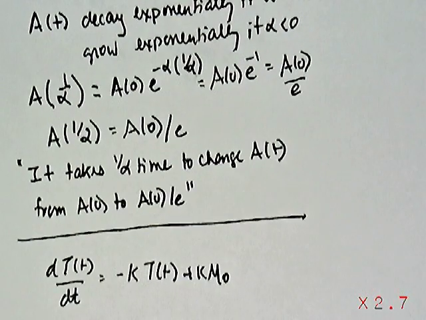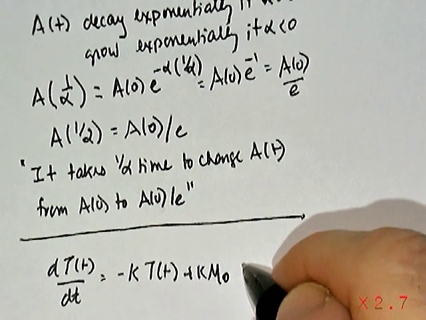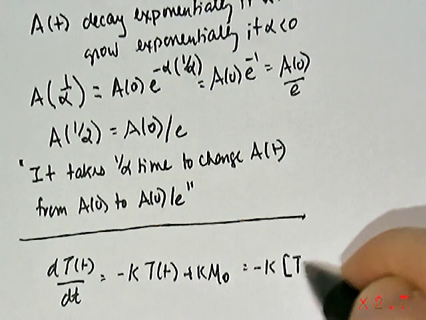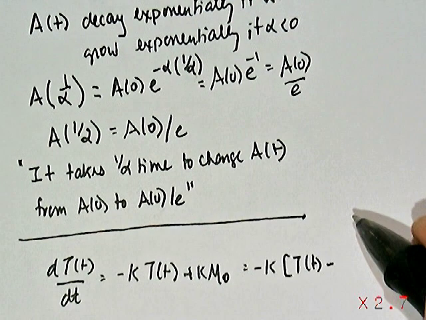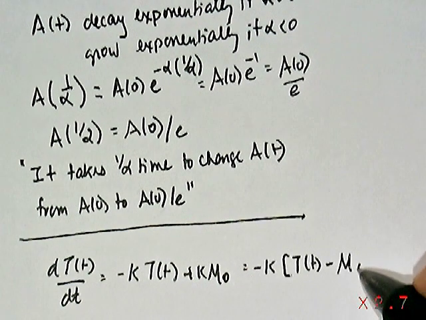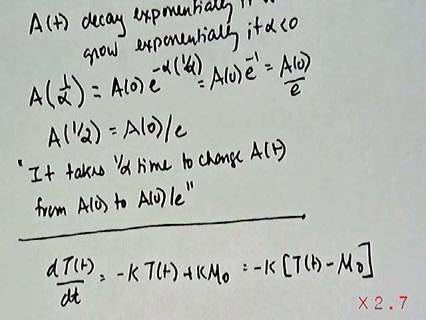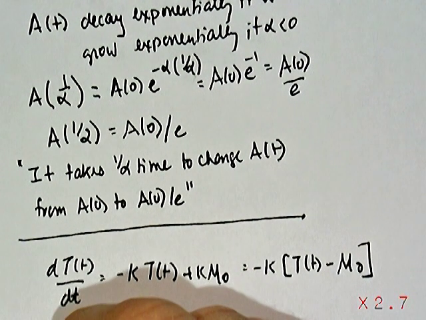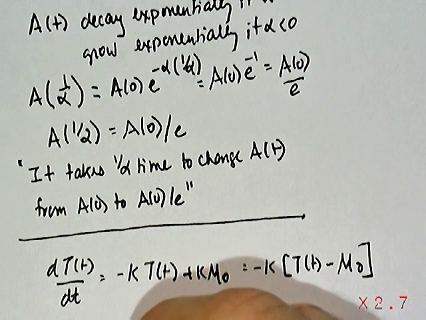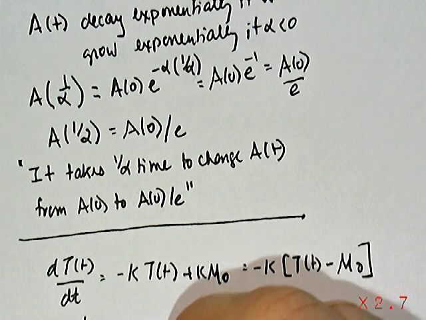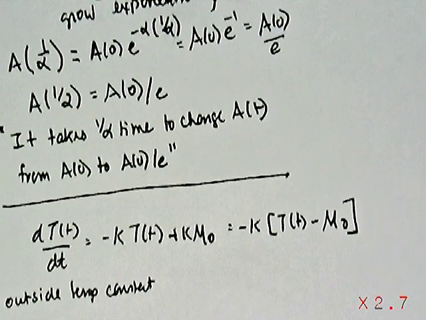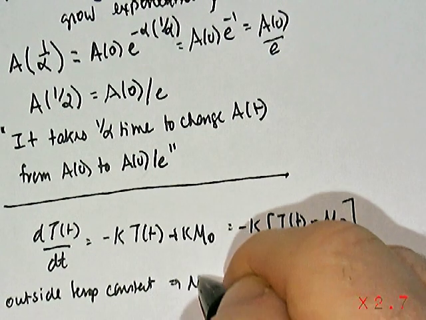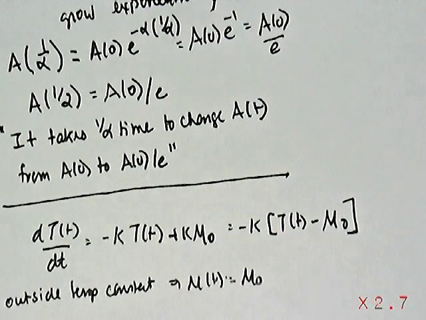It's another way of writing what we had earlier. And of course, we could write it as minus K times the quantity T minus M0. Because again, for the scenario we were just solving for, we assume that the outside temperature is constant, which means that M of T is always going to be this M0 value. And again, we assumed U of T is 0 and H of T is 0. So that's the model we had.